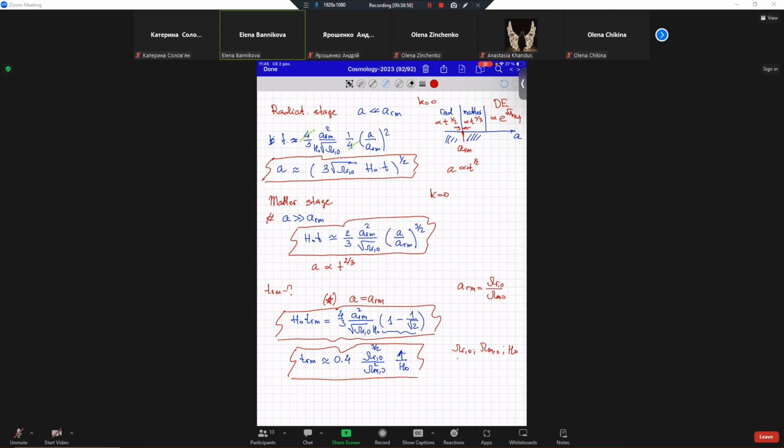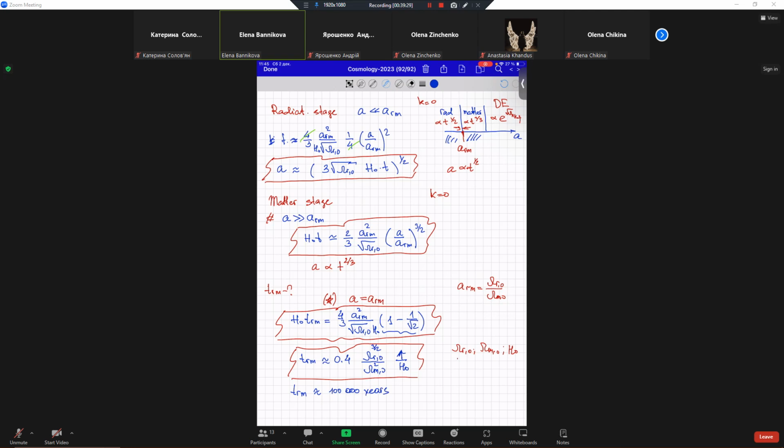It's really such a beauty of these equations. If we put in the values of omega R0, omega M0, H0, you can check it, we will obtain approximately 100,000 years.